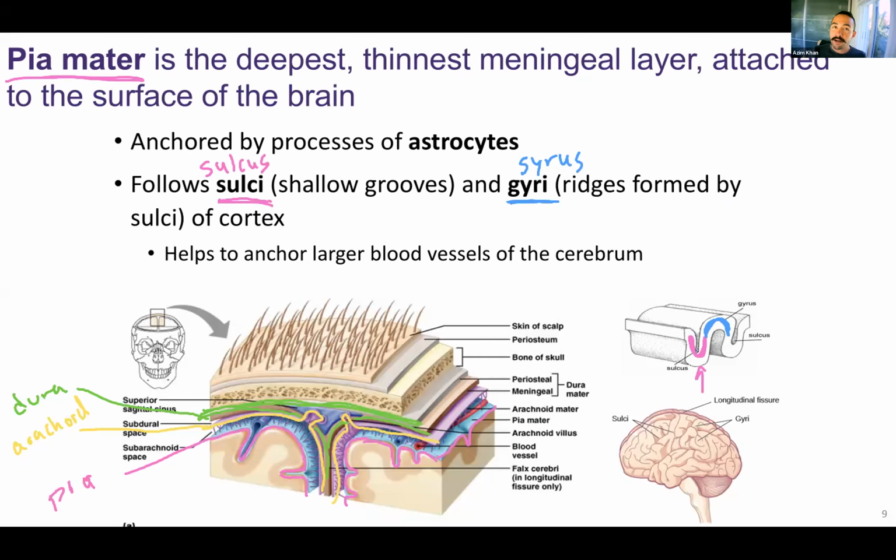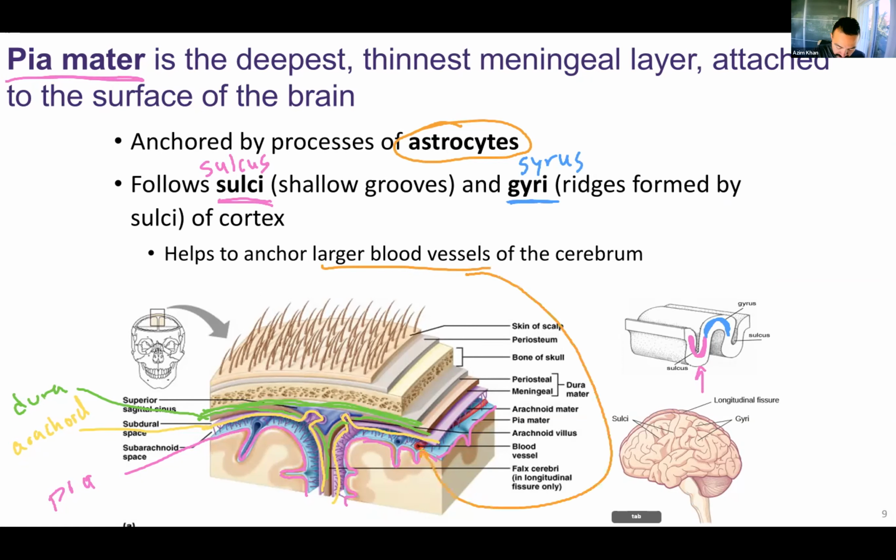The way that pia mater attaches to the brain is it's anchored by astrocytes. So there's one function of those special glial cells that we find in the central nervous system. They help anchor larger blood vessels of the cerebellum. Let me point to one.